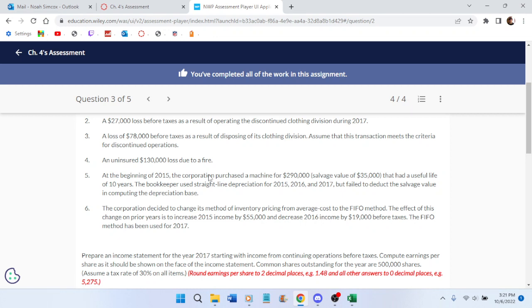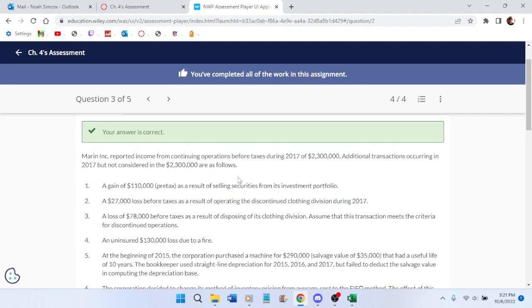Okay, so we will just go through 1 through 6 and make every adjustment to this thing here. So first we will start with what they have listed. Income before adjustments is this.